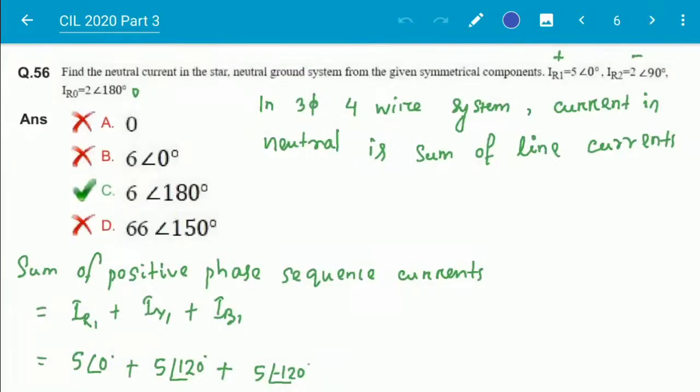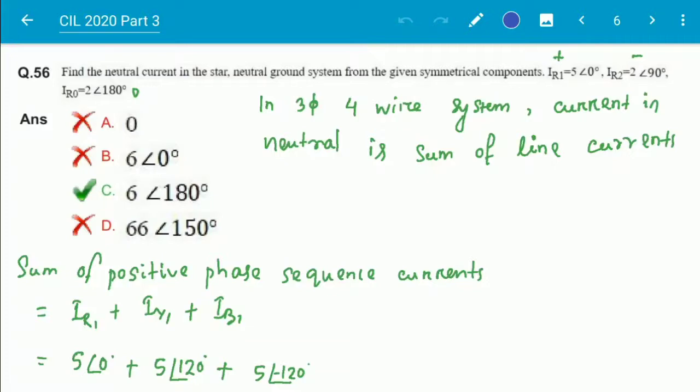Next question number 56. Find the neutral current in the star neutral ground system from the given symmetrical components. IR1 is equal to 5 angle 0, IR2 is equal to 2 angle 90, IR0 is equal to 2 angle 180.